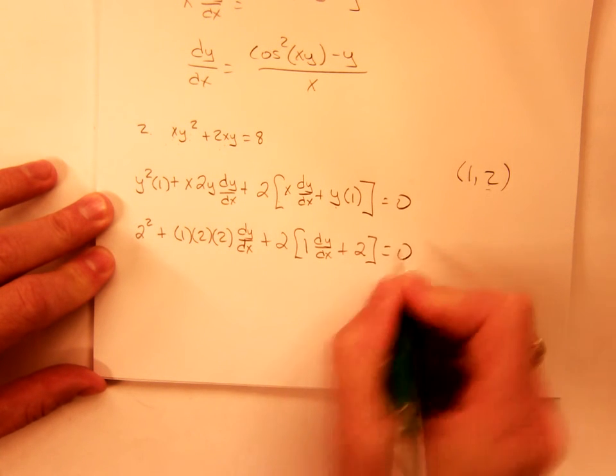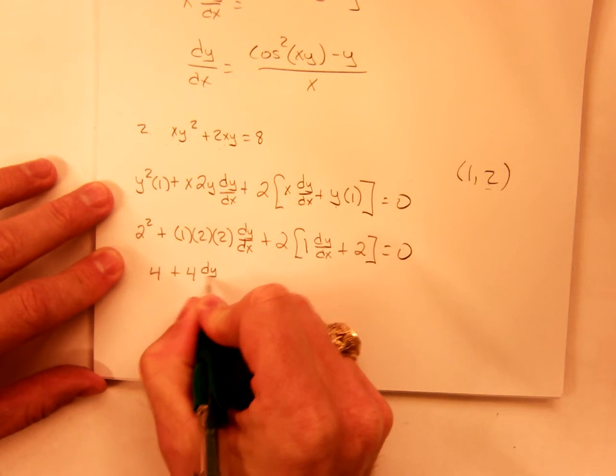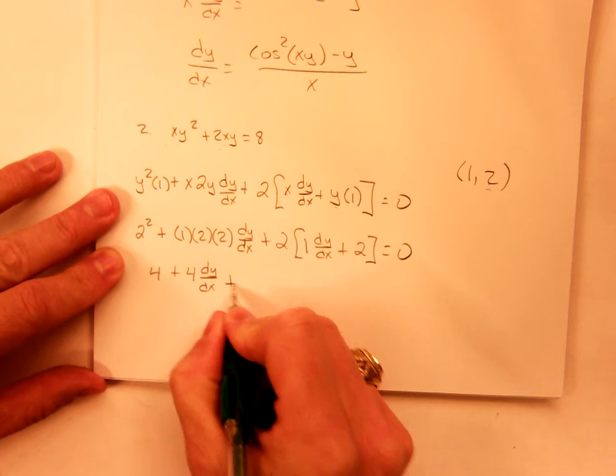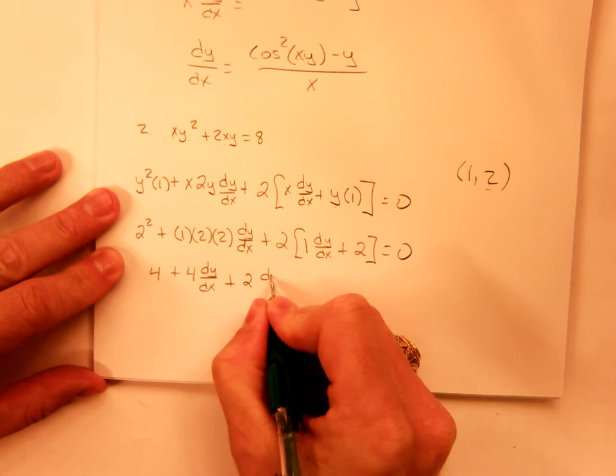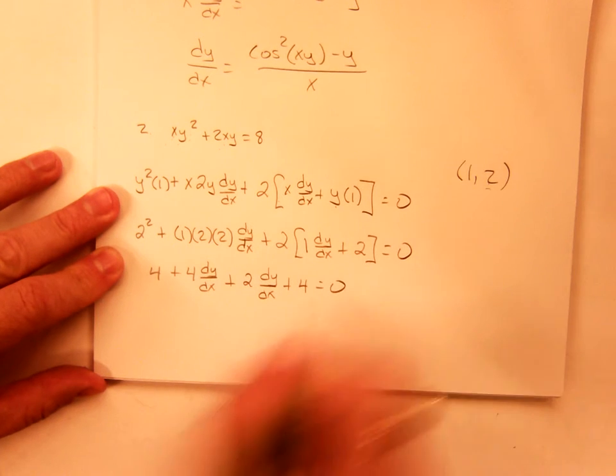And that all equals 0. So this is 4 plus 4 dy/dx plus 2 dy/dx plus 4 equals 0.